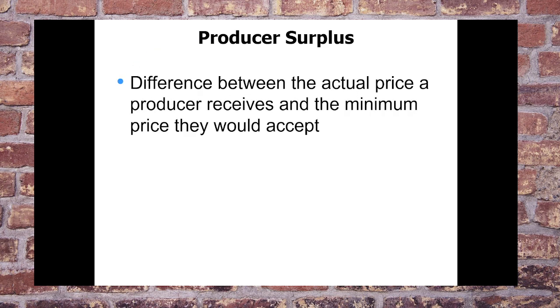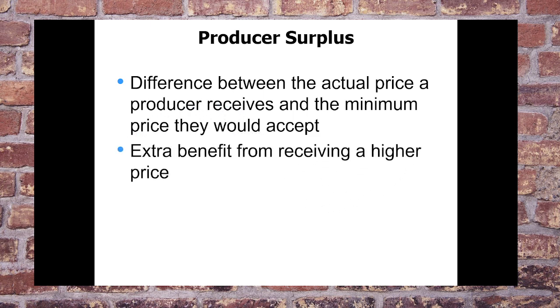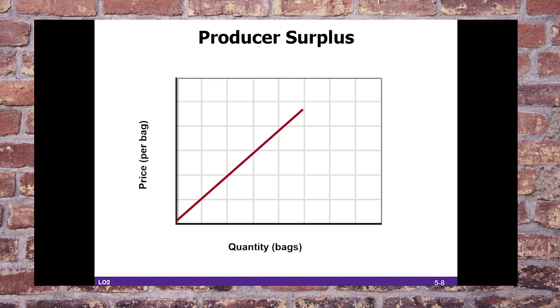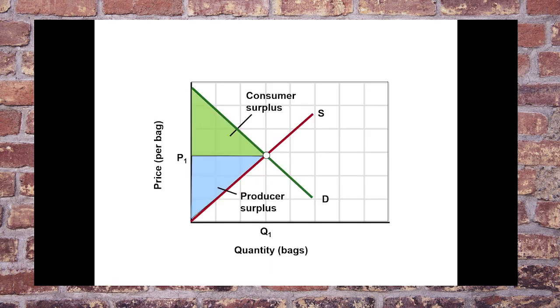It's the difference between the actual price a producer receives and the minimum price they would accept. There's an extra benefit from receiving a higher price. Now, let's look at producer surplus on a graph. We've seen this before. Now we put them together, and I went too fast. And there's consumer and producer surplus. We've talked about this before.